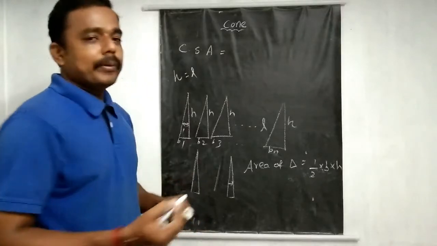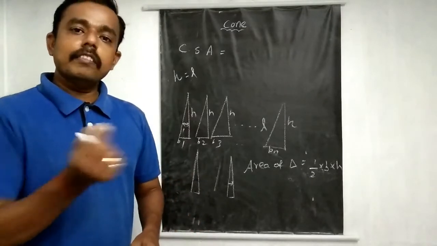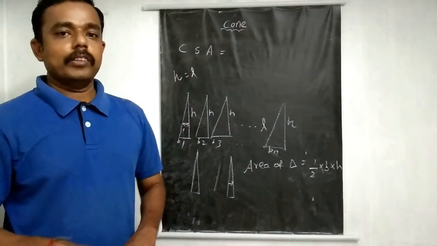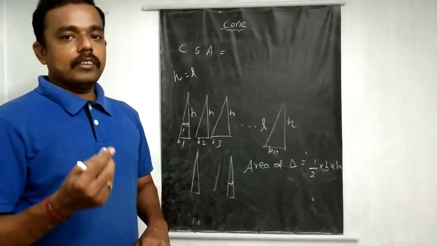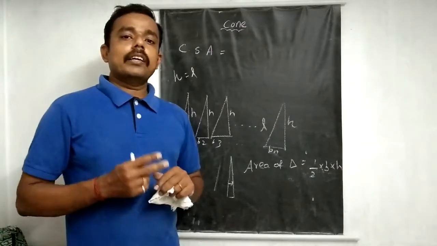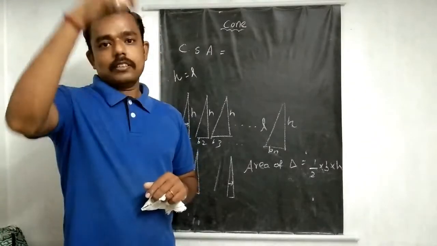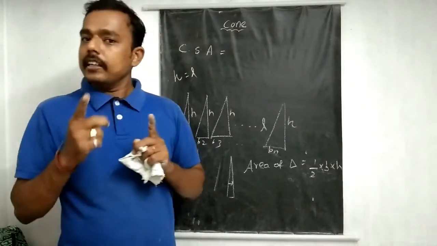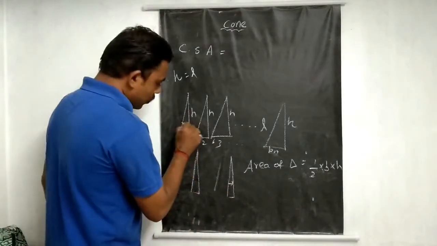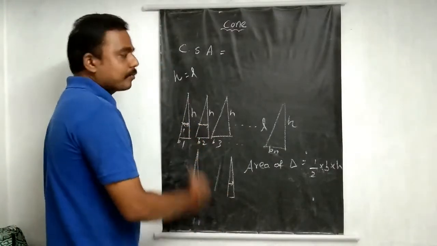N means 100 pieces, 1000 pieces; anyway, n means we can introduce any number. You may think that if we make 1000 pieces in the particular slant height, it definitely looks like a straight line.